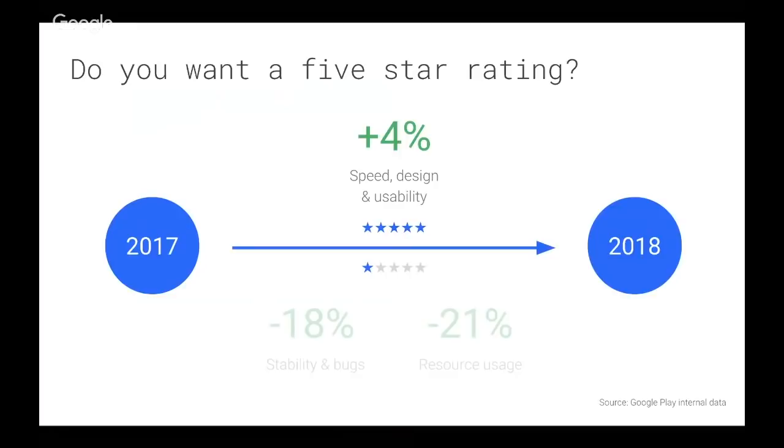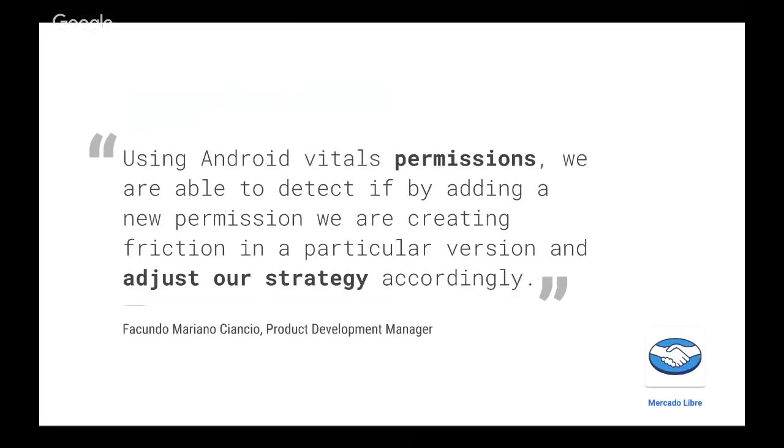Okay, now jumping into how do you get a 5-star rating and what have developers done to increase their rating. So the Mercado Libre team, which I think is the largest e-commerce app in South America, was able to use Android Vitals to look at the permissions. As Joel mentioned, this is a new feature that we launched at I/O last year.